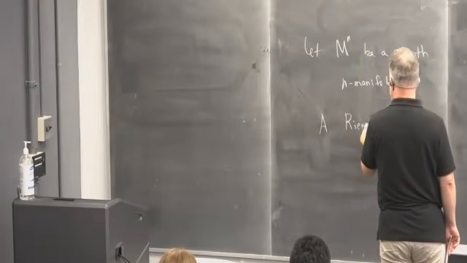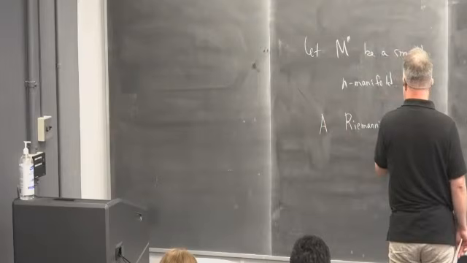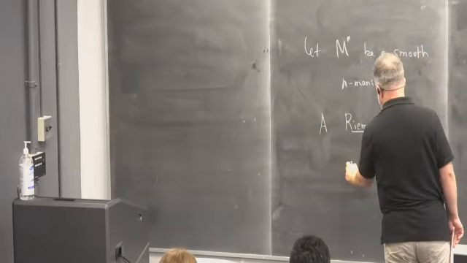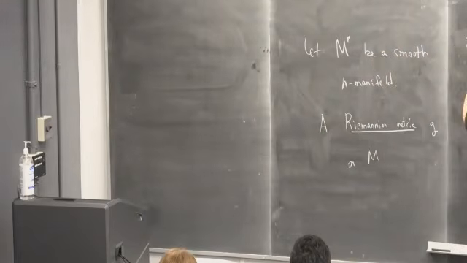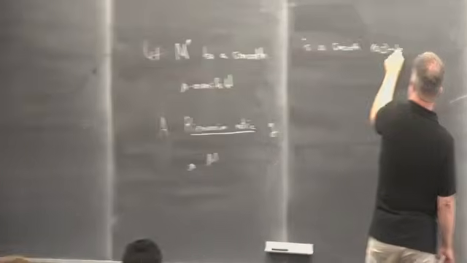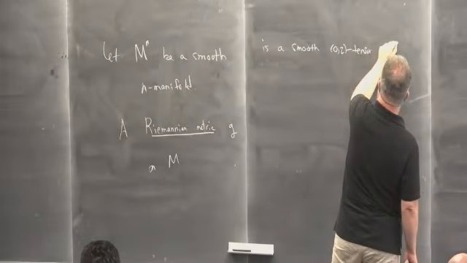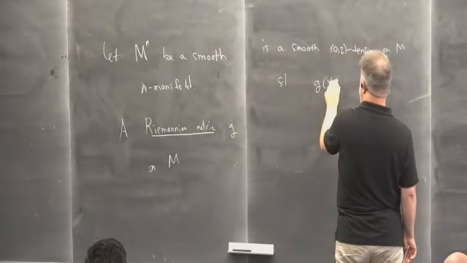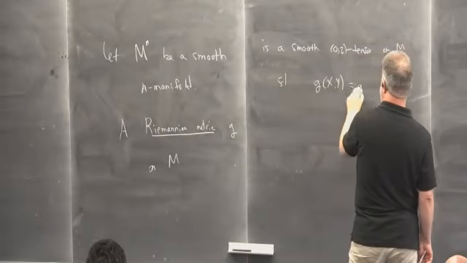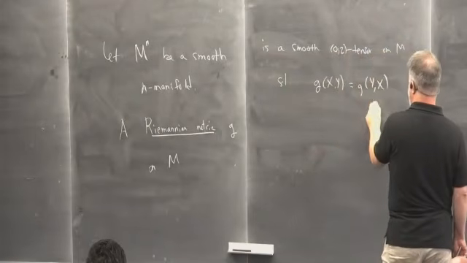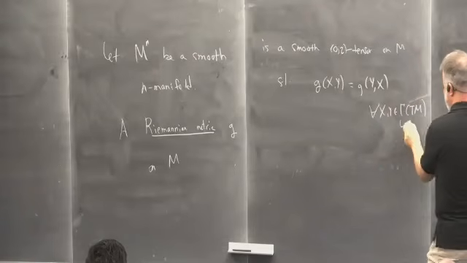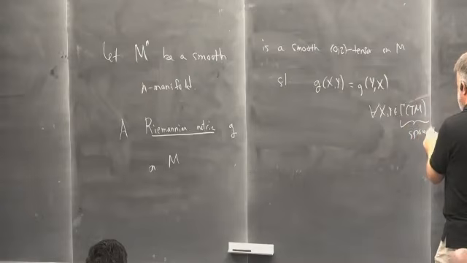A Riemannian metric g on M is a smooth (0,2)-tensor on M such that, first of all, g(X,Y) equals g(Y,X) for all smooth vector fields X and Y in the space of smooth vector fields.